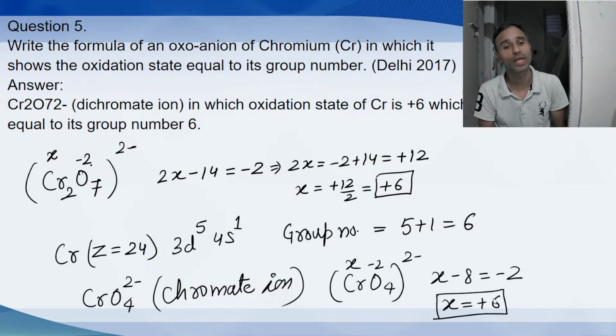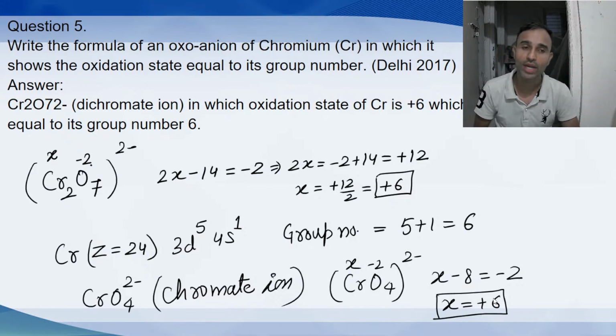X is again plus 6. So that means chromate is also an oxoanion of chromium in which it shows an oxidation number equal to its group number. Chromate and dichromate both have group number 6, and the oxidation state of chromium in both of them is plus 6.